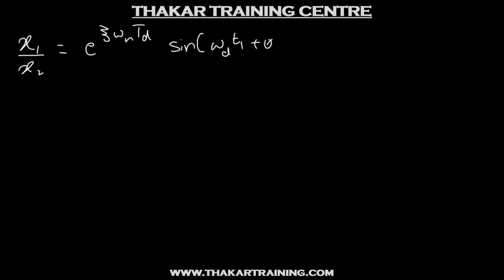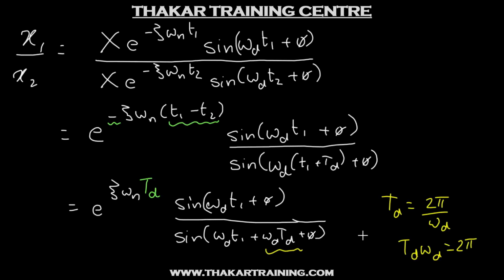So we have x1 upon x2 equal to e raised to zeta omega n td sine of omega d t1 plus phi upon sine of omega d t1 plus phi plus 2 pi. So omega d into td is replaced with this 2 pi.